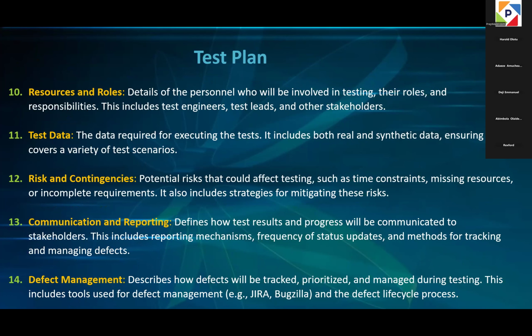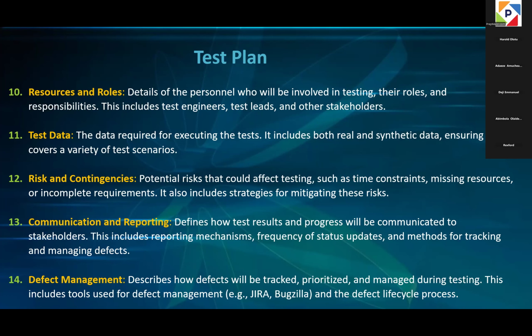We have the test data component of the test plan, which is required for executing the test. It includes both real and synthetic data, ensuring it covers a variety of test scenarios. We have the risks and contingencies component, which speaks about the potential risks that could affect testing, such as time constraints, missing resources, or incomplete requirements.